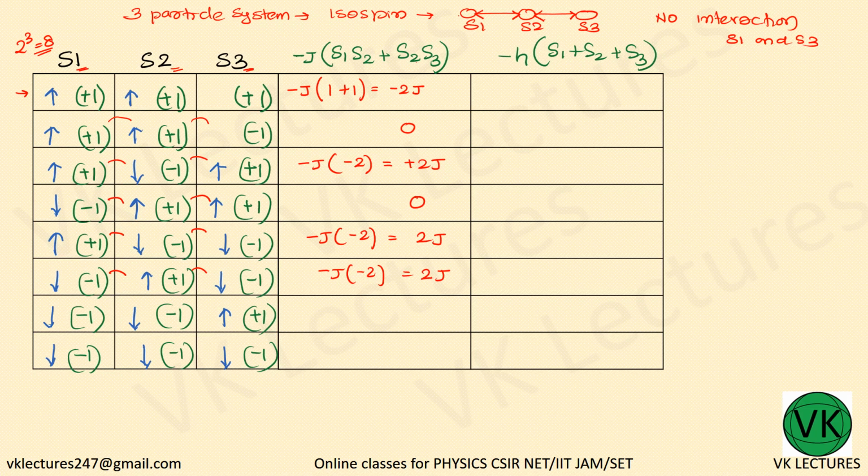Here it is minus into minus plus, this is again 0, then this is plus 1, this is again plus 1, so minus J into 2, that is equal to minus 2J.